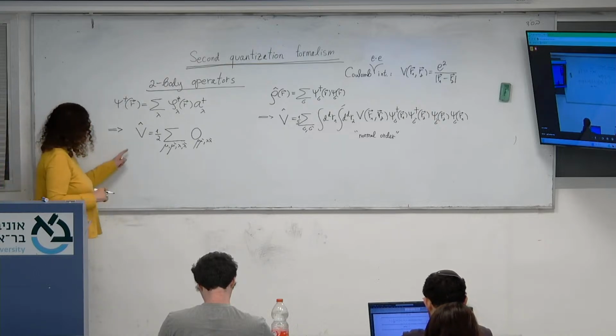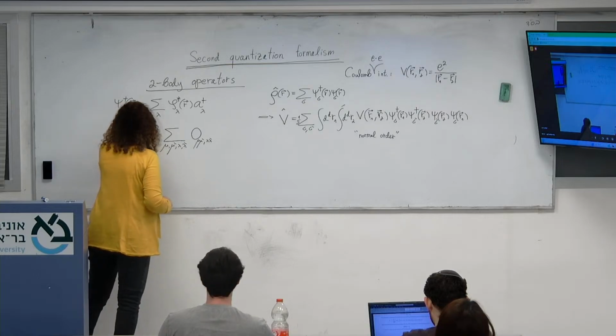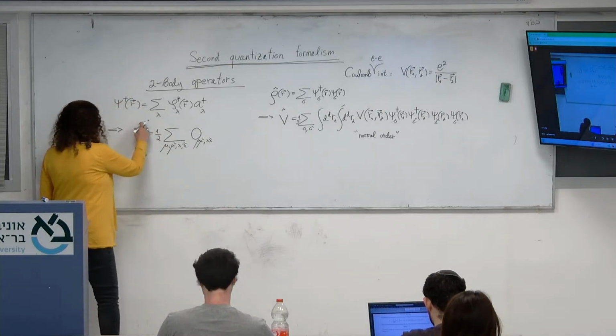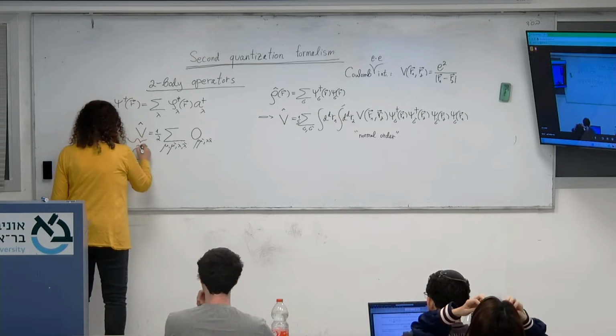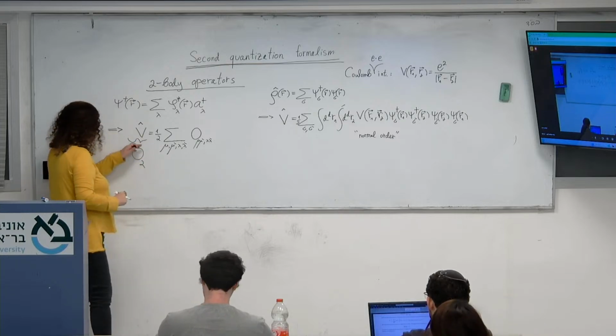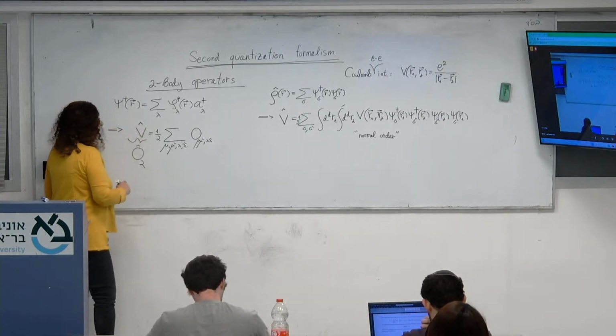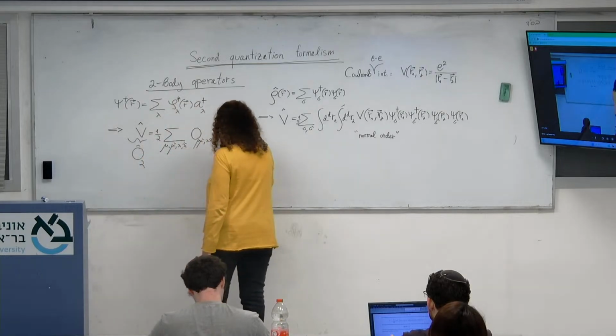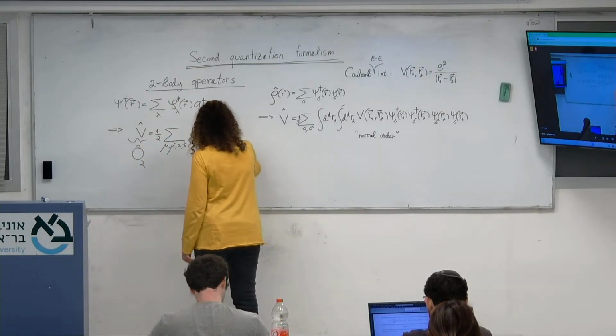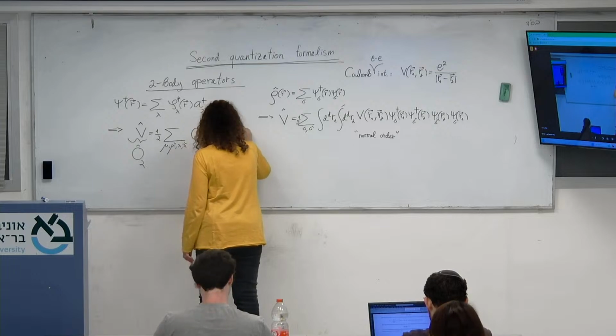actually what I'm writing is true for any two-body operator, so I can equally replace this notation by O2, but I'm thinking of the density operator in particular. And then you have 4 operators.